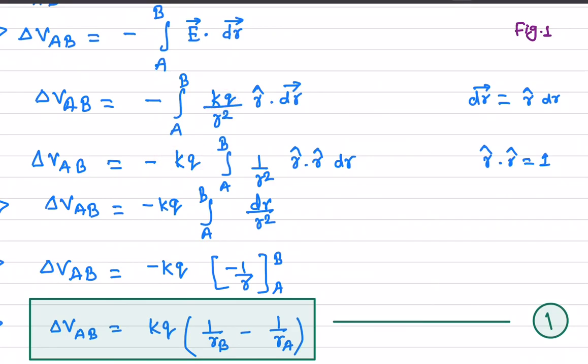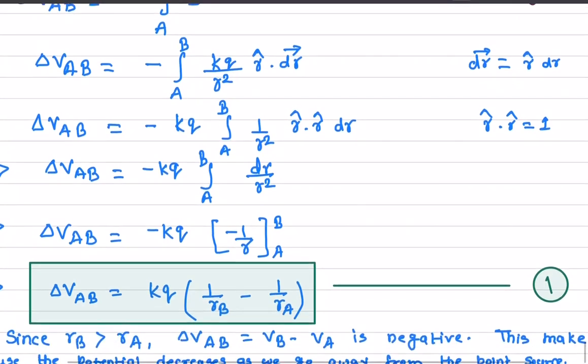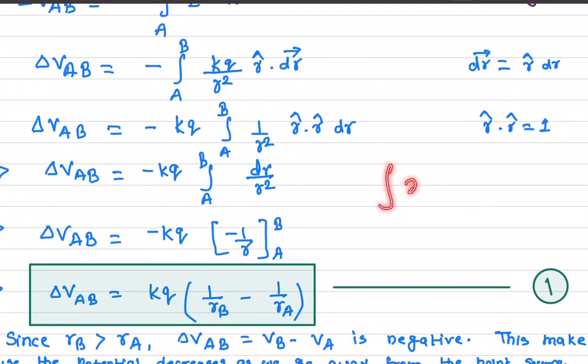Now we've taken KQ as a constant and we're taking it outside of this integration. And r hat dot r hat is simply equal to 1. So now this equation becomes this equation, dr over R square. What is the integration of 1 over R square?